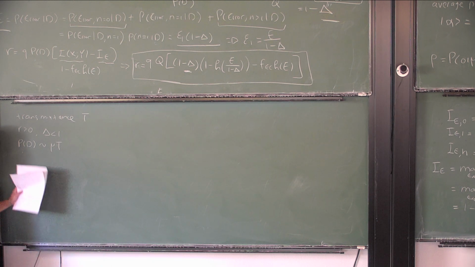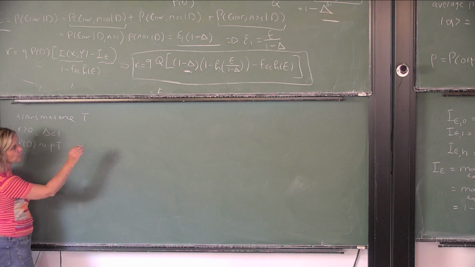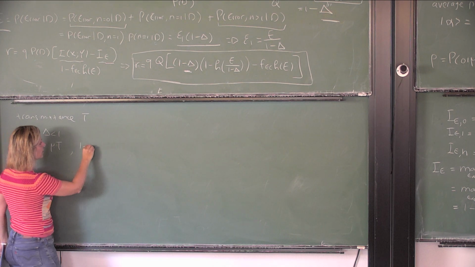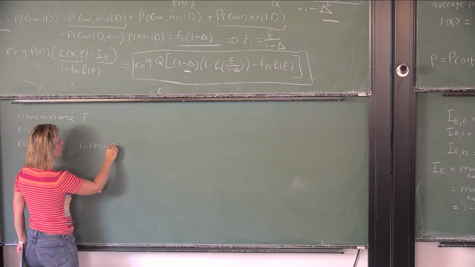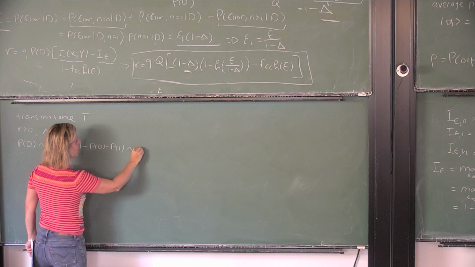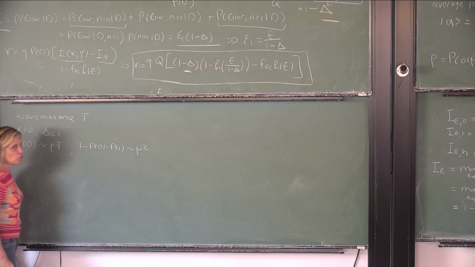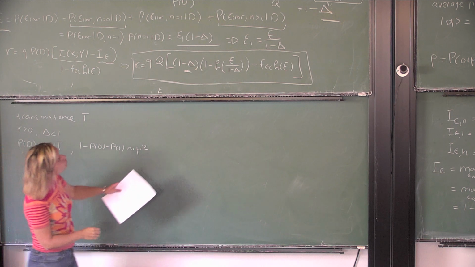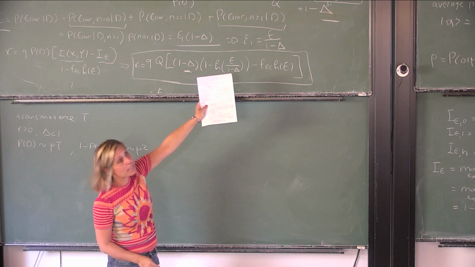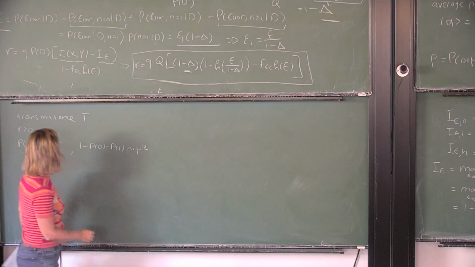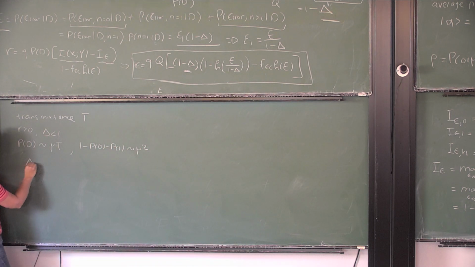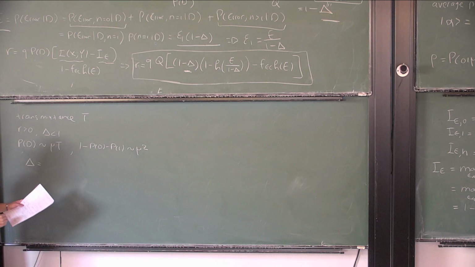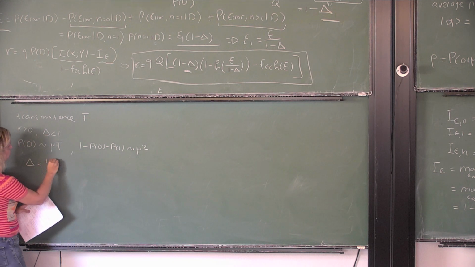Meanwhile, by the Poisson distribution, we know that this is going to be proportional to mu squared. If we put everything together with the definition of delta, you remember that's the definition of delta here, this essentially tells you that delta is going to be something that I wrote again here.